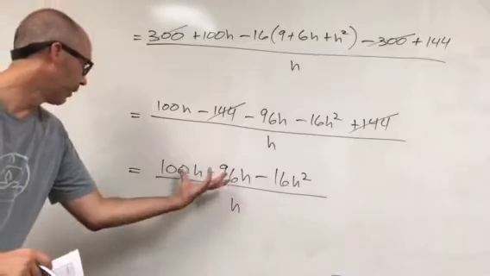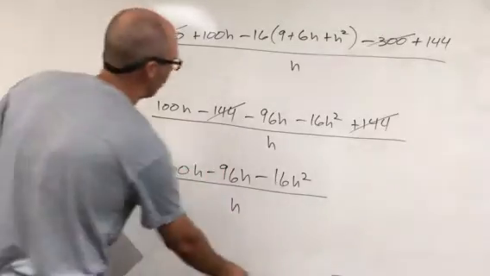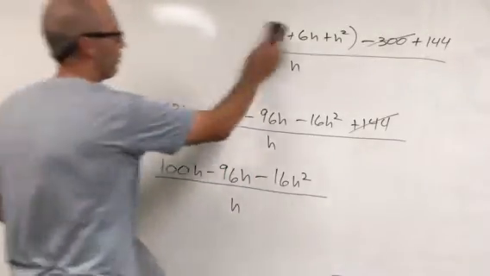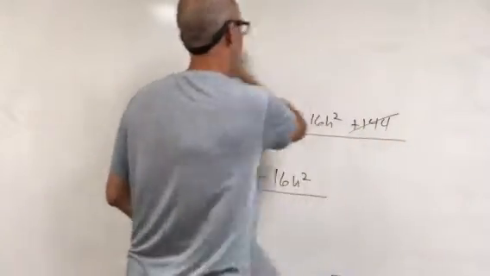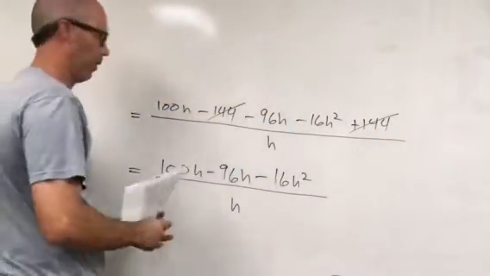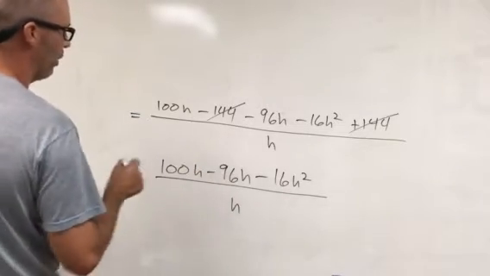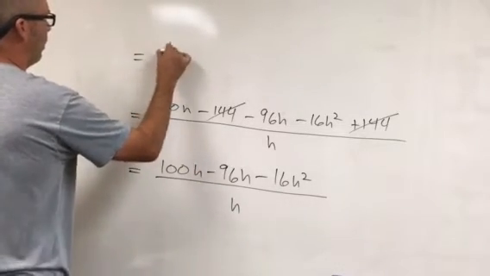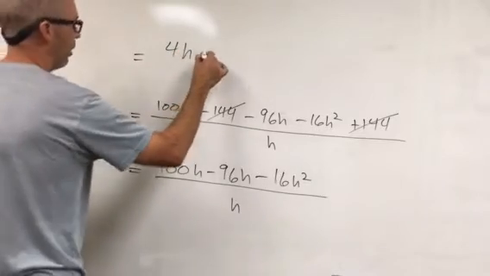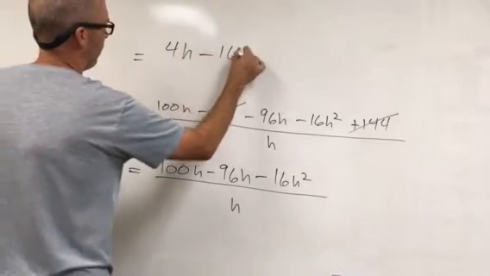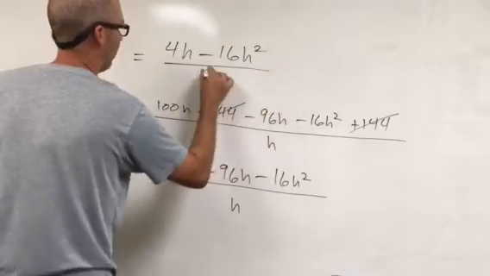We could also combine like terms here. Let's do that. Good suggestion. 100 minus 96, that would be a 4, right? So we have 4h minus 16h squared all over h.